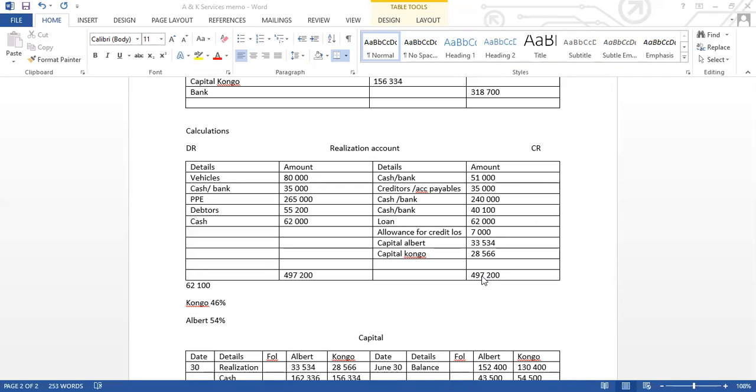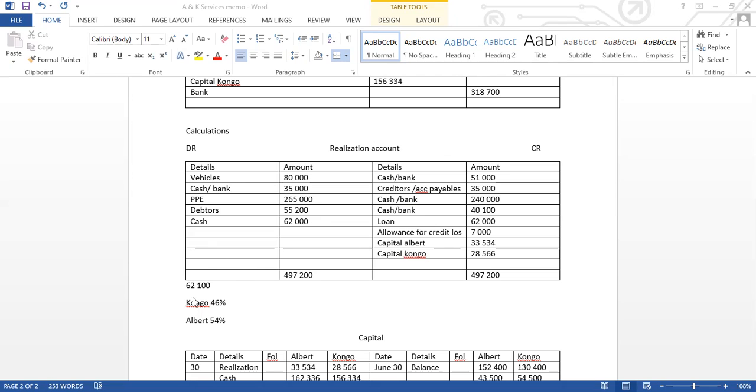Okay, and then now 497,200 minus 435,100 will give us a total of 62,100. So just calculate that and make sure that you are getting 62,100. That is the total amount that we got in our realization account, or that is the total loss.